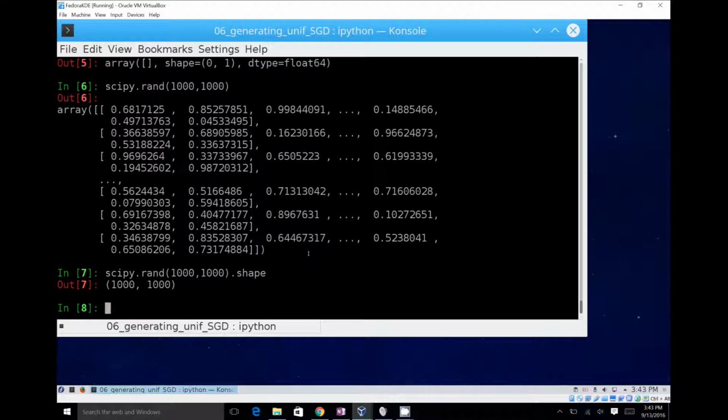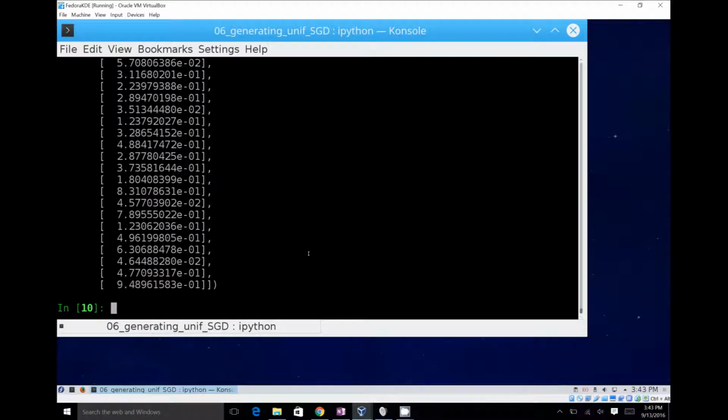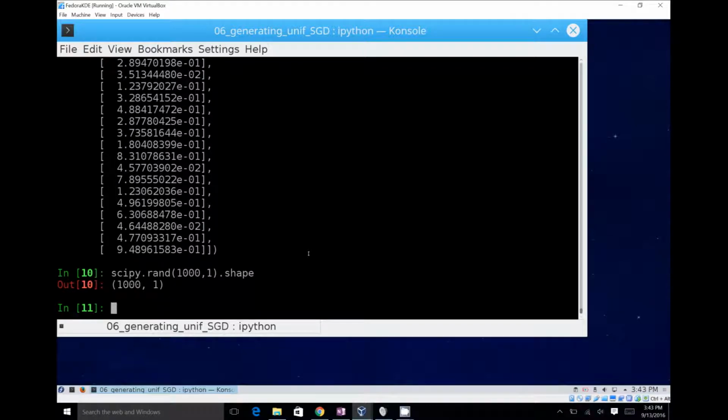So can somebody fix this? Like, we're getting closer. 1,001, it's like getting closer. Okay, so what does this do? Yeah, it generated 1,000 uniformly random numbers, but it's an array whose shape is 1,001. So did this generate 1,000 uniformly random points on the square?